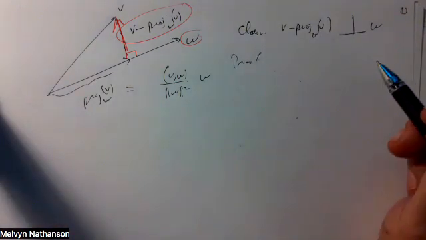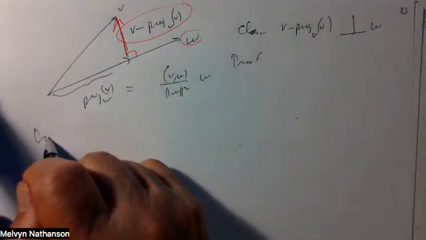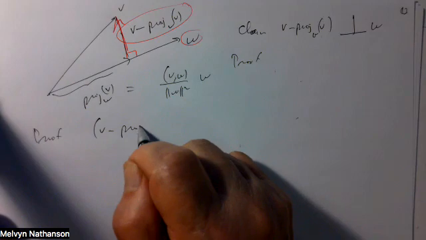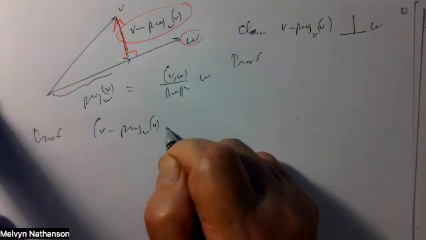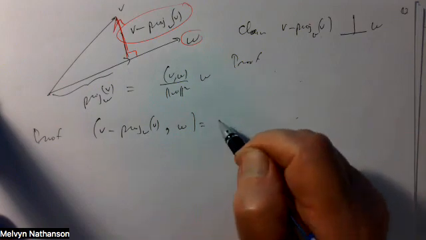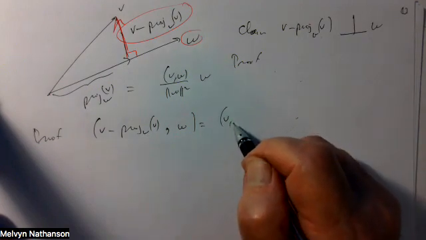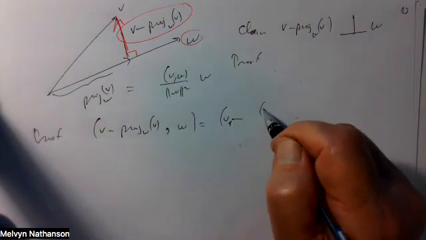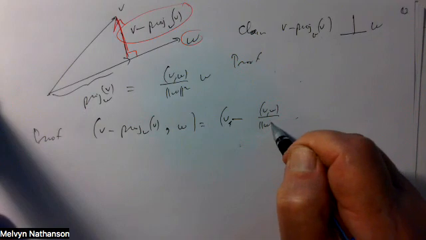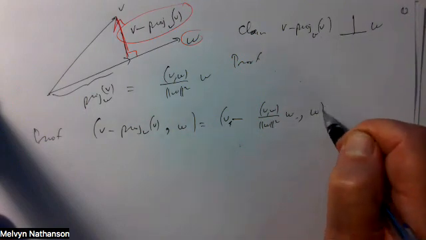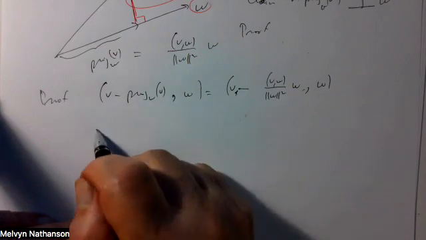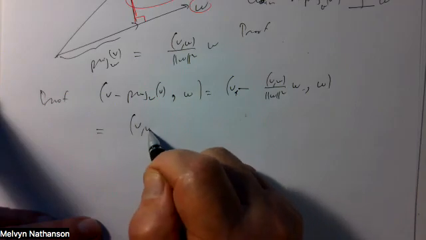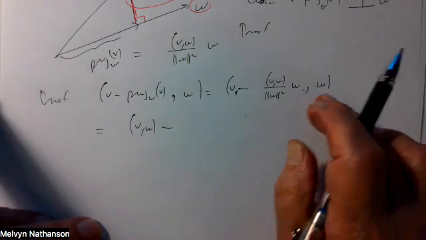Proof. I just have to compute the inner product of V minus the projection of V in the direction of W, that inner product with W. That's the inner product of V minus the inner product of V and W over the length of W squared times W, comma W. By the bilinearity of the inner product, this is VW minus this times this.